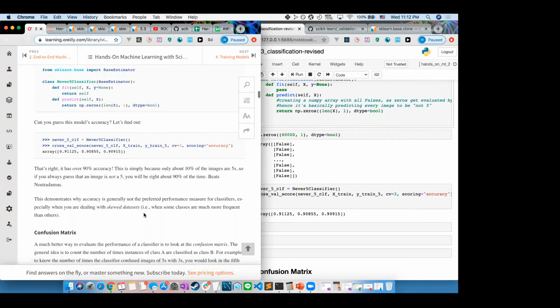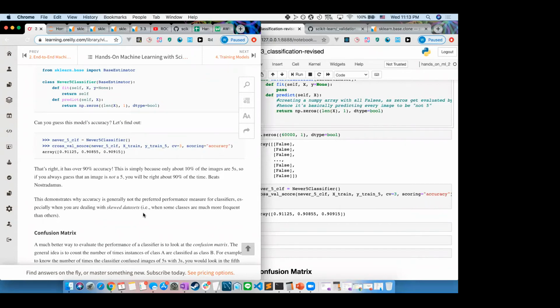That data set is balanced. Now, if you had, for some reason, created a MNIST with 6,000 of every number except the number 9, and you only had 10 nines, you'd have an extremely imbalanced data set.